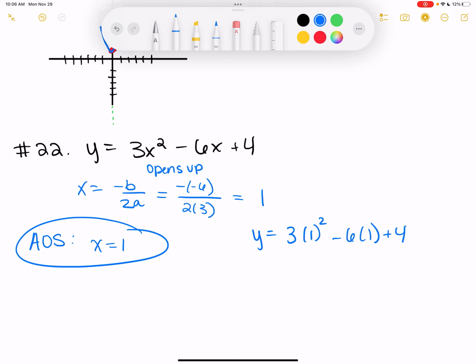But if you're starting to get other numbers, I would really recommend you write them because then I can see what happened. And if it's a negative number, you might want to do it because that just causes issues typically. All right, so 3 minus 6 plus 4 is what? 1. So my vertex is at 1, 1.